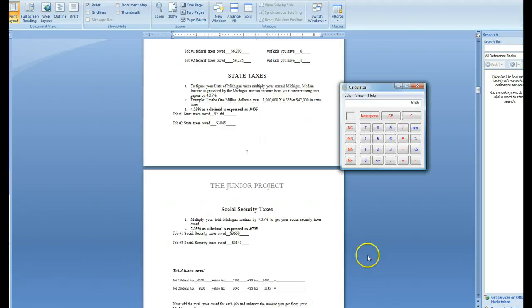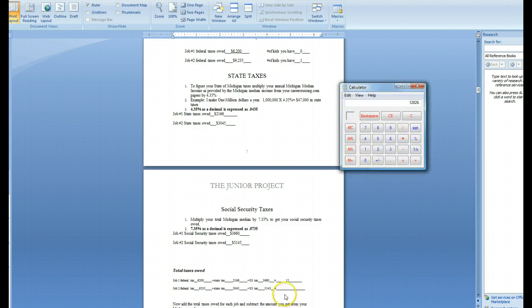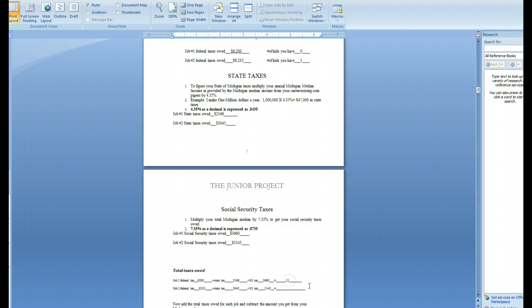Okay, we're going to go back to the calculator. Okay, so clear out everything. So we have 6,200 plus 2,166 plus 3,660. Okay, so my total taxes for job 1 is $12,026.